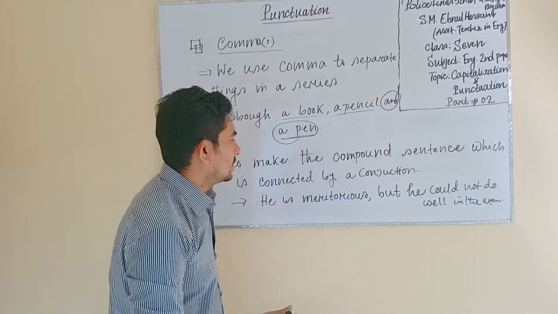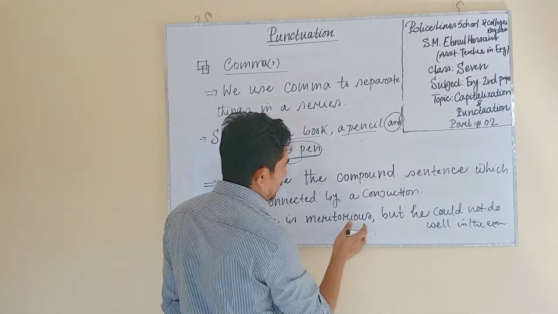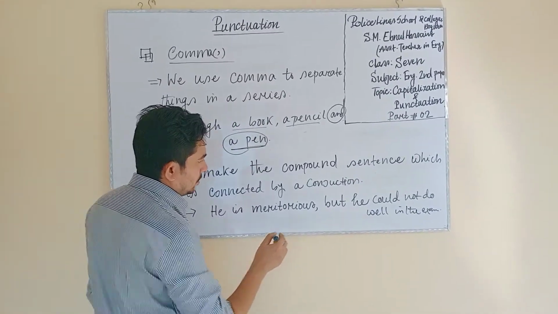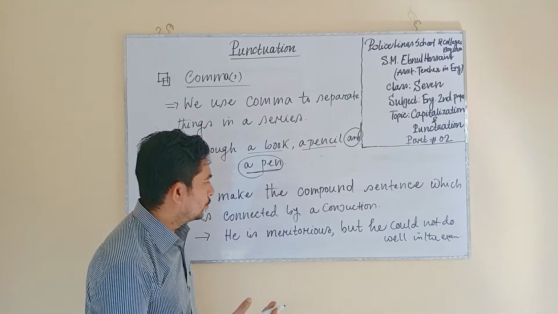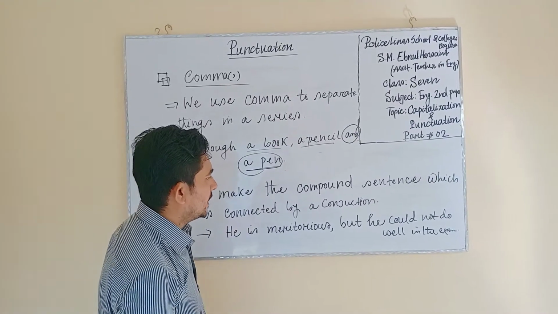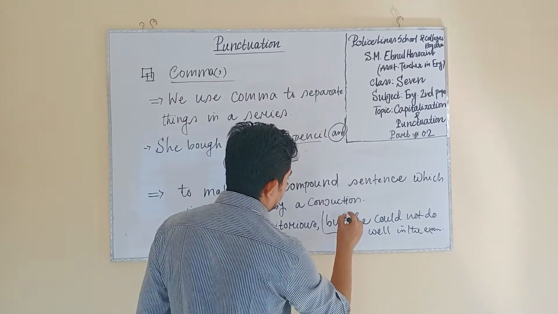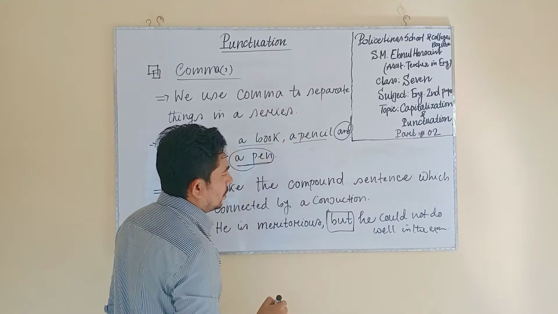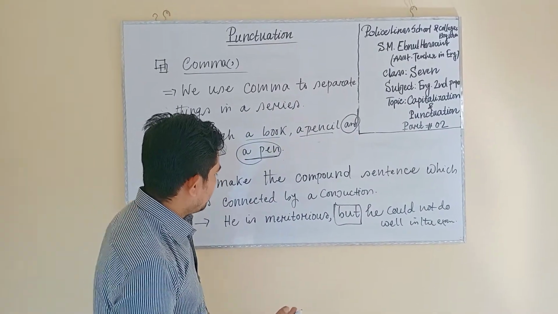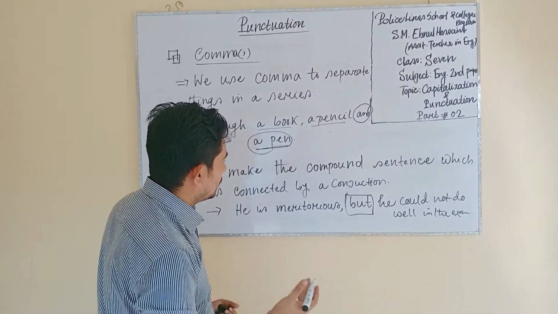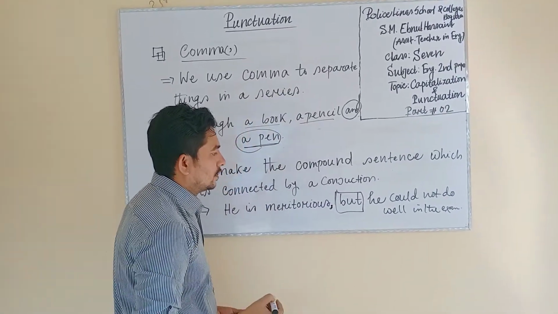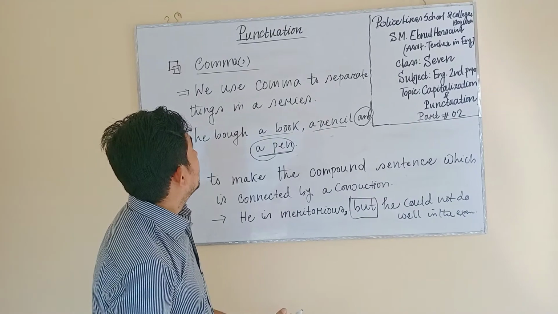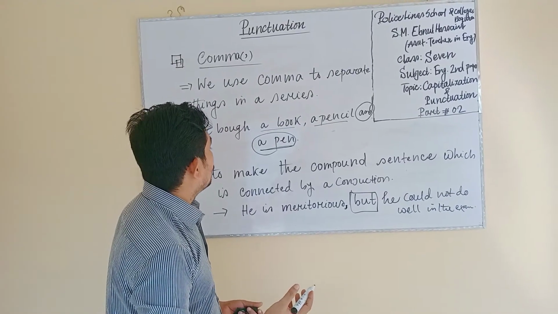This is a compound sentence. In a compound sentence the two clauses are joined together by a conjunction, here the conjunction but. In this type of sentence the comma is used before the conjunction. So this is the use of comma.